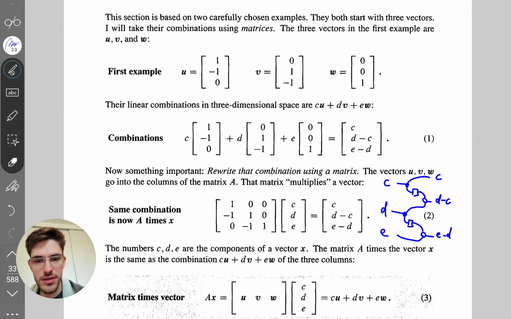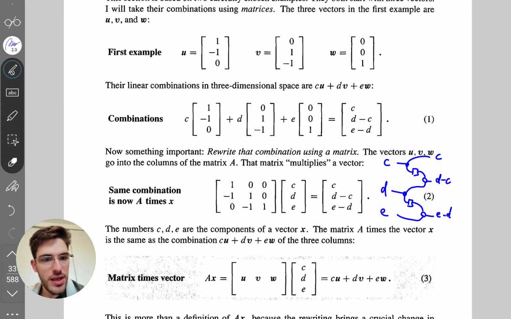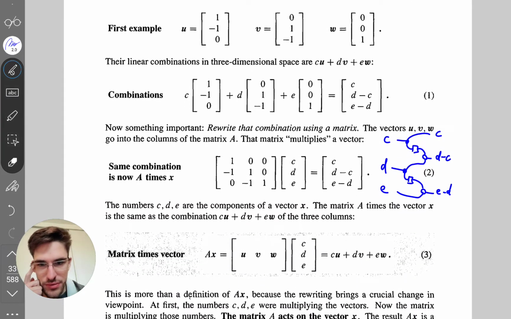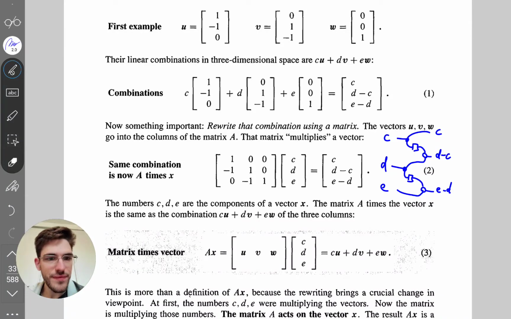This equation is this pretty neat squiggly line. And now the question is, how do we invert this?